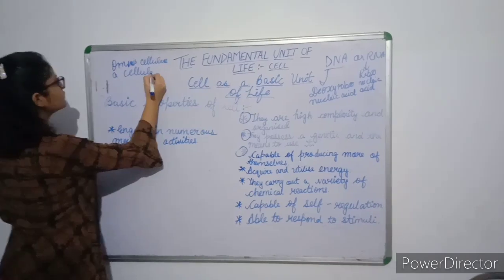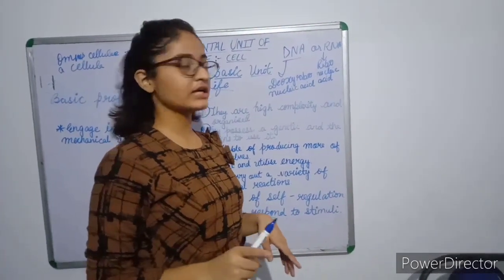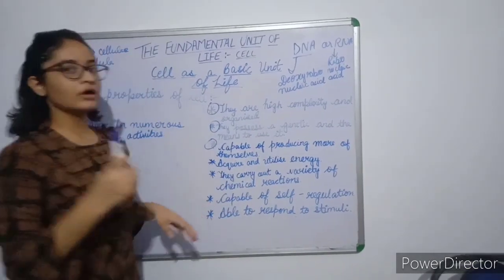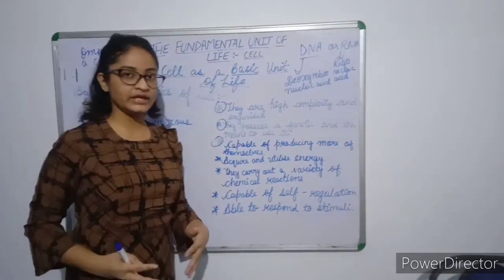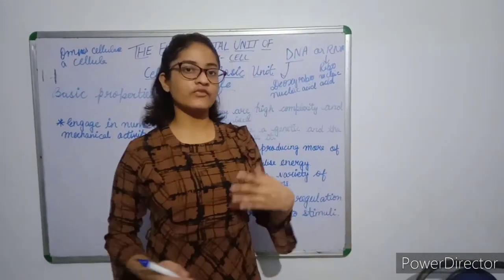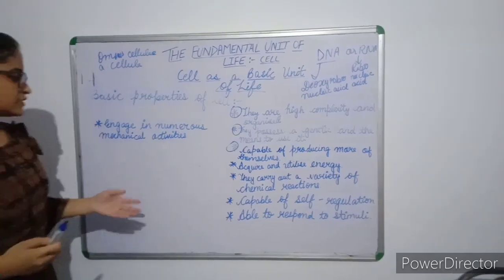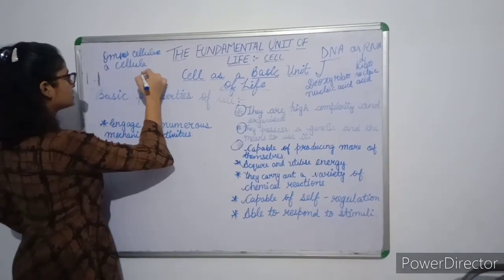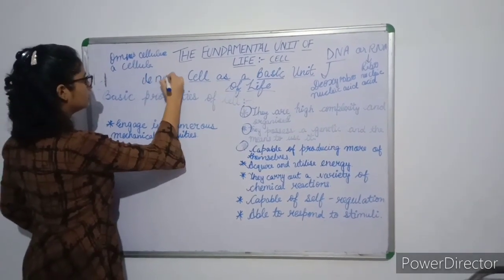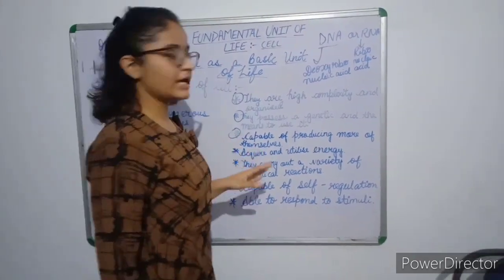Now what does this mean? That cells are not spontaneous in action. They all arise from pre-existing cells. Like we are not self-replicating; we are here as a result of our parents. Another aphorism was de novo, that none of the cells are spontaneous.